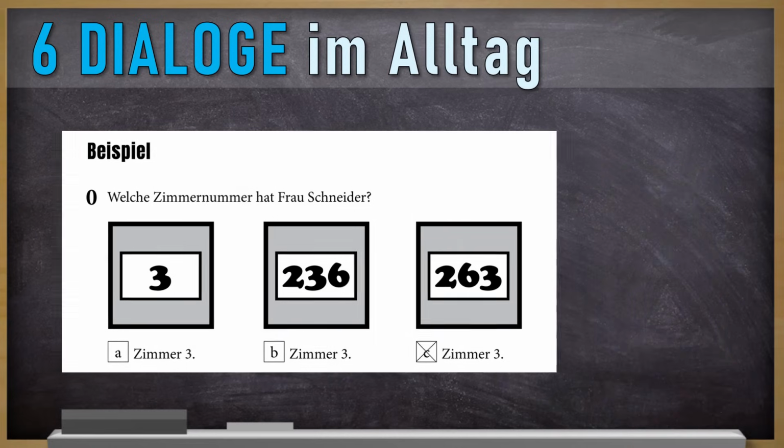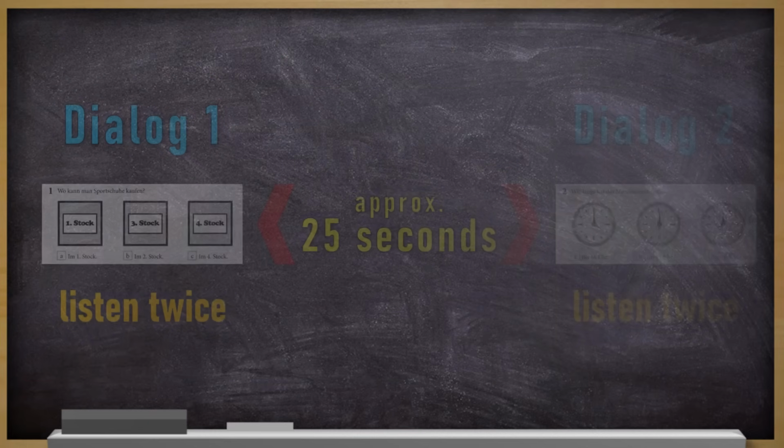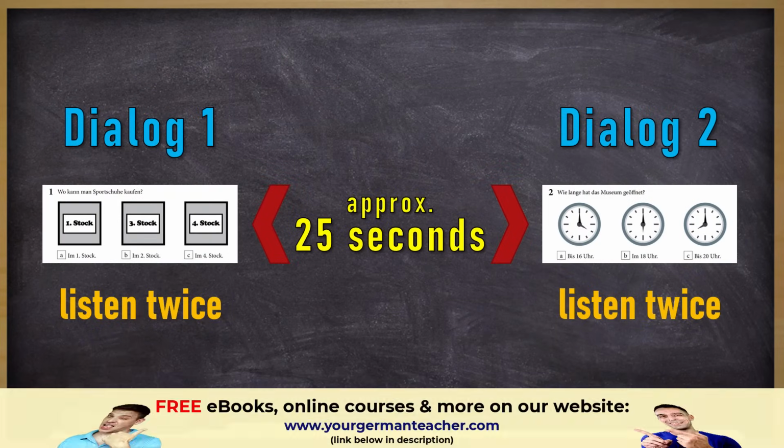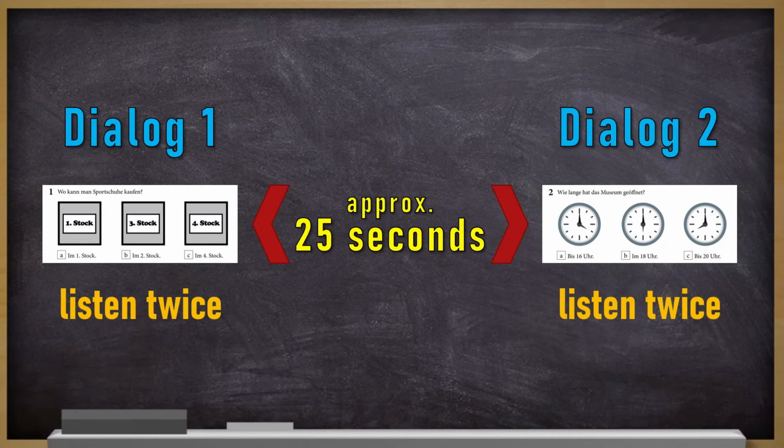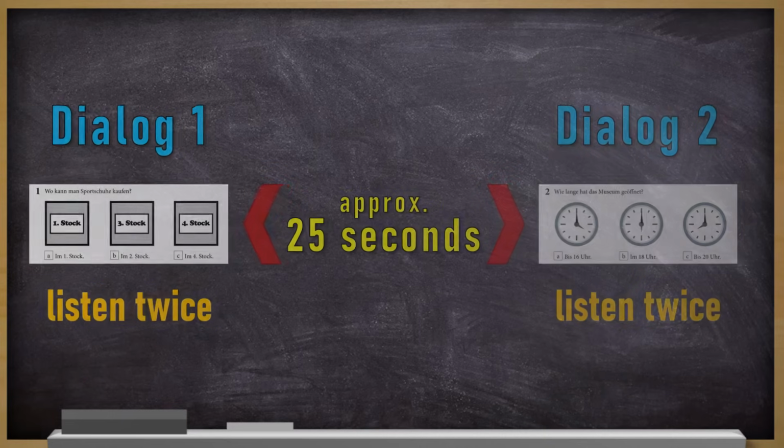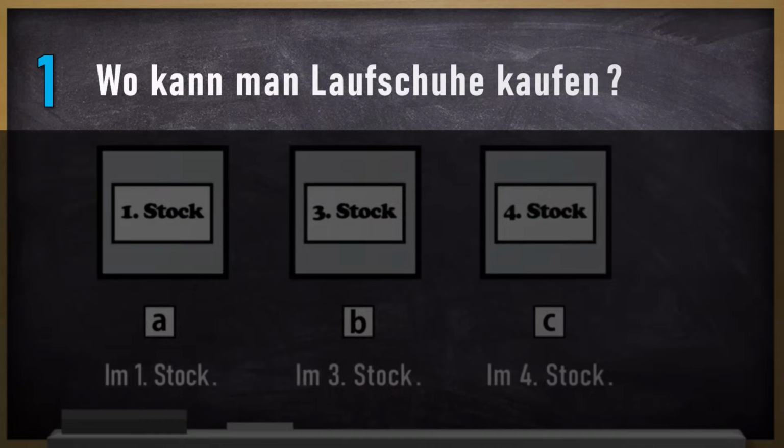You will have to listen twice to it, and all the other numbers, 1 to 6, you will also have to listen twice to them. In between those dialogues, you have around 25 seconds, ungefähr 25 Sekunden, that you can use to prepare the question of the next dialogue. Here's what all those 6 dialogues look like.